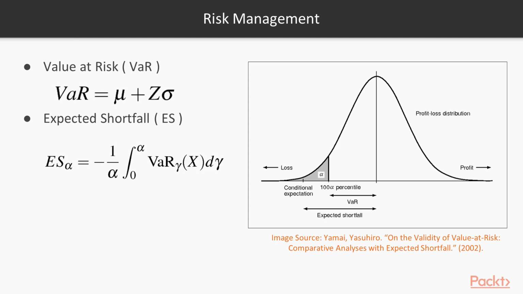So we are interested in the left direction, the direction of loss, and here we set alpha to be the percentile that we are interested in to calculate the value at risk within. This is however named parametric VaR, since we have made an assumption about the underlying distribution of the returns, which is that it is a Gaussian normal distribution.